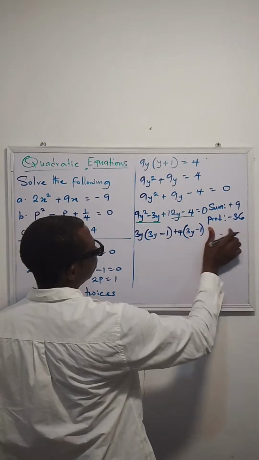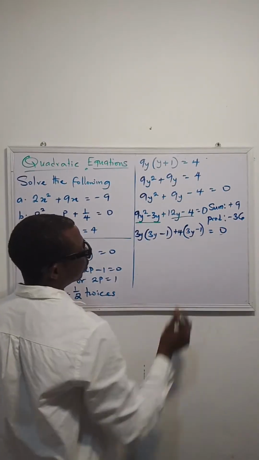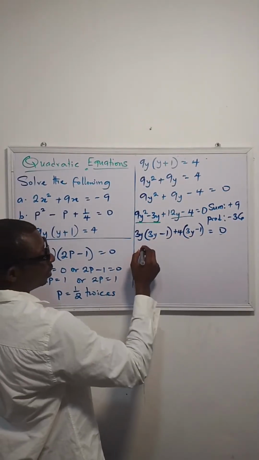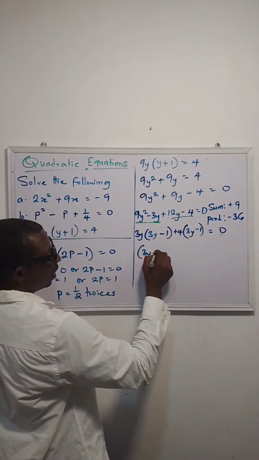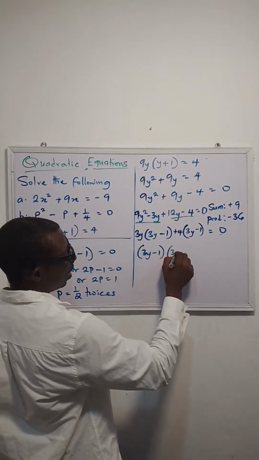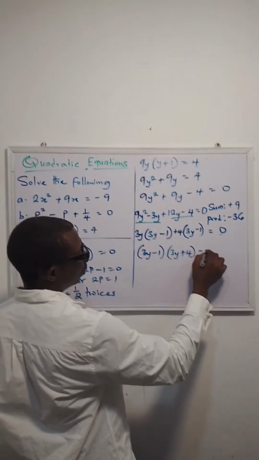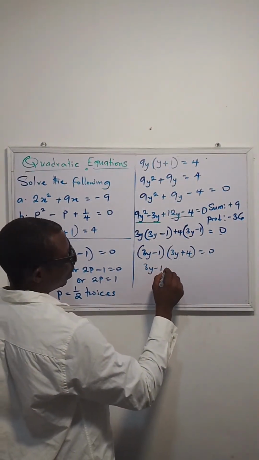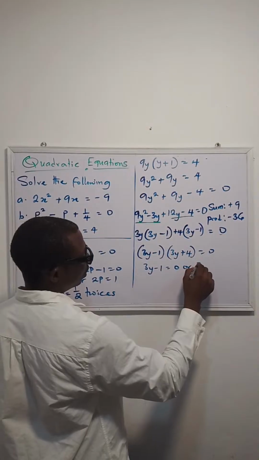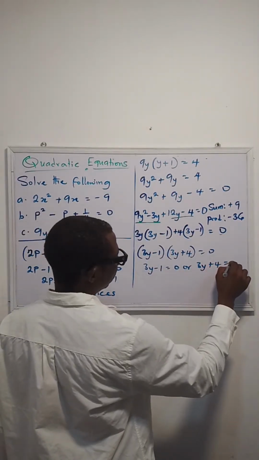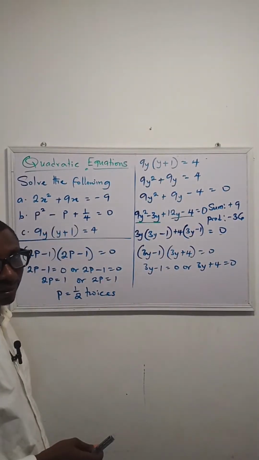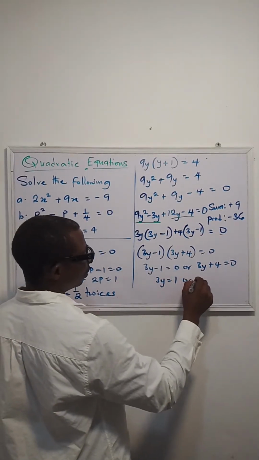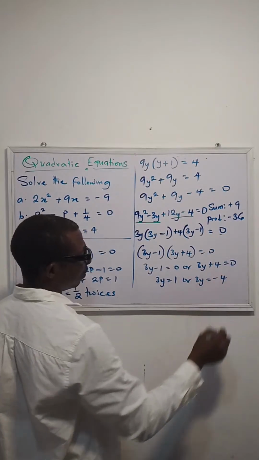Equals 0. All right, so we can factor out what we have in the bracket. We have 3y minus 1, 3y plus 4 equals 0. So we have 3y minus 1 equals 0, or 3y plus 4 equals 0. I hope you get that. So we have 3y equals 1, or 3y equals negative 4.